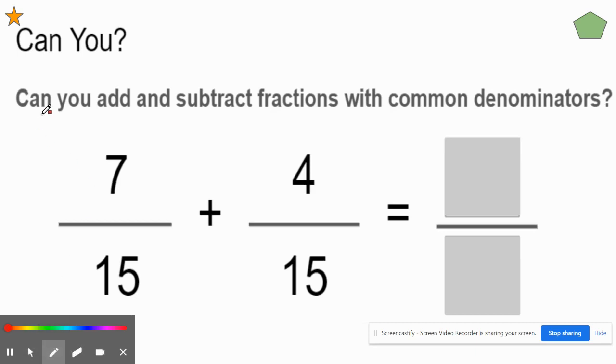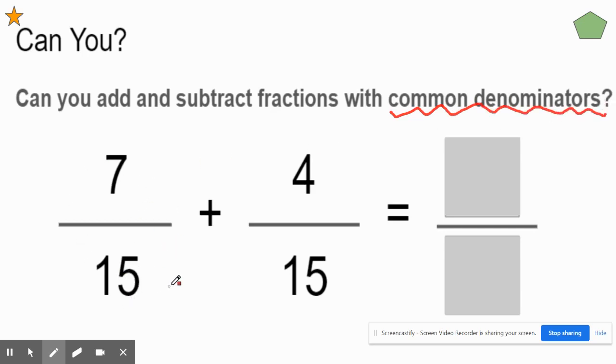The first skill, can you add and subtract fractions with common denominators? Remember, common denominators just means that for 2 or more fractions, the denominator or the bottom number is the same number in all the fractions. So 15 and 15 is the common denominator.